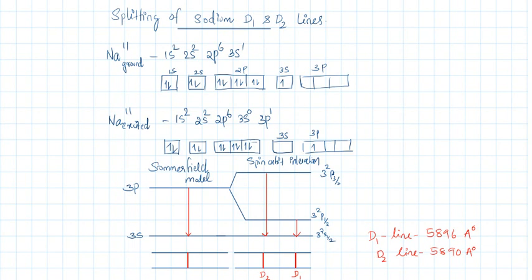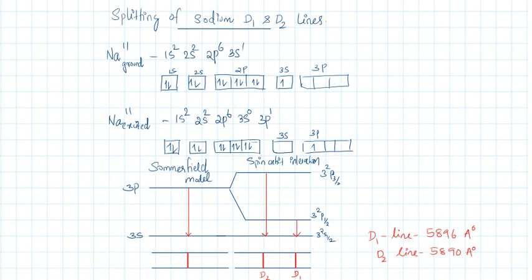When this electron gets some energy, it will excite and go to the upper state. Suppose this electron jumps from 3s to 3p, then your excited electronic configuration becomes 1s2, 2s2, 2p6, 3s0, 3p1. This s electron jumps to p.